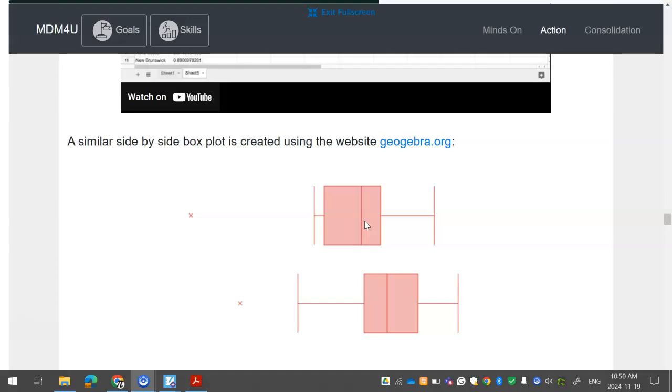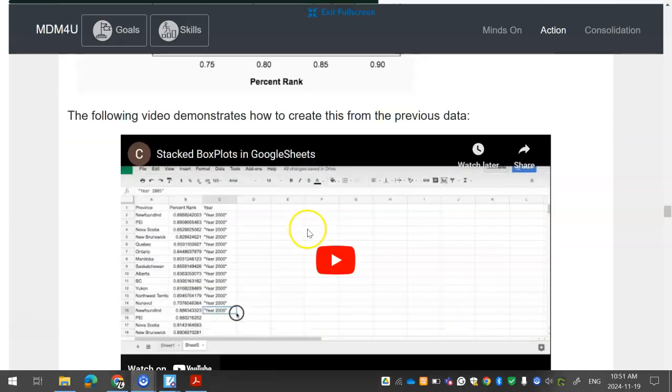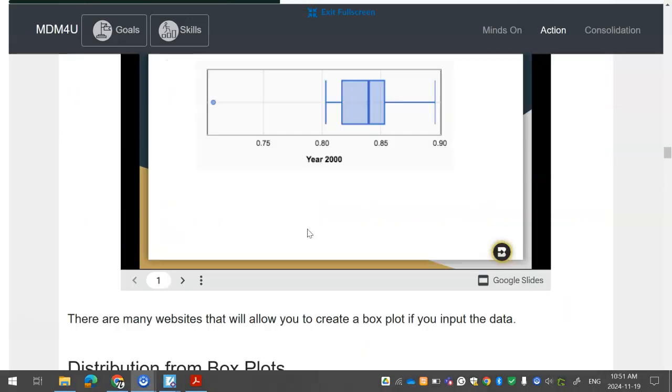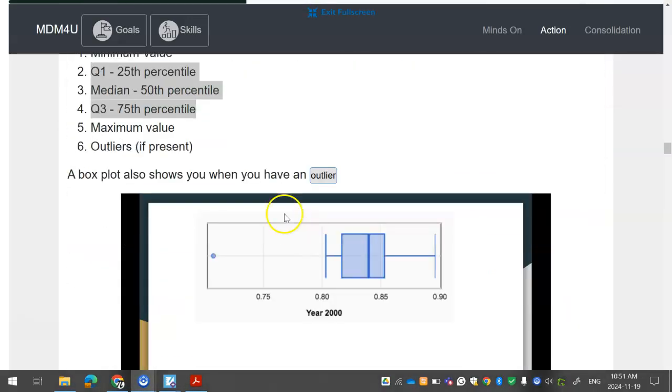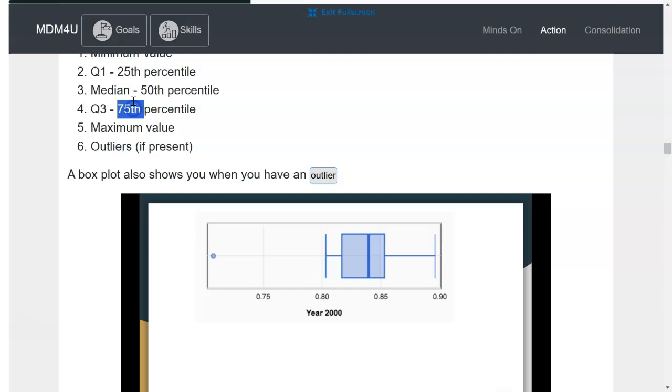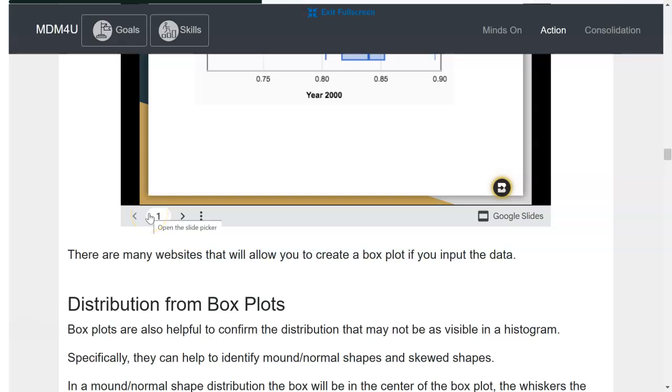If you look at all the stuff in the center, the 50% in the center, 25% above the median, 25% below the median, what's up with that data? Because I might want to deal with that. That's called interquartile range. In this case, the boxes are about the same size, so the interquartile range would be the same. If you have raw data, all you do is take your Q3 and subtract your Q1, and that will be the interquartile range.